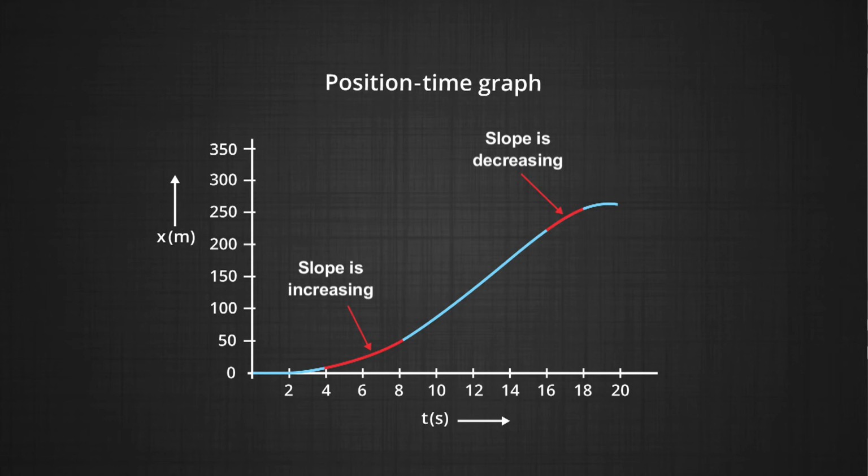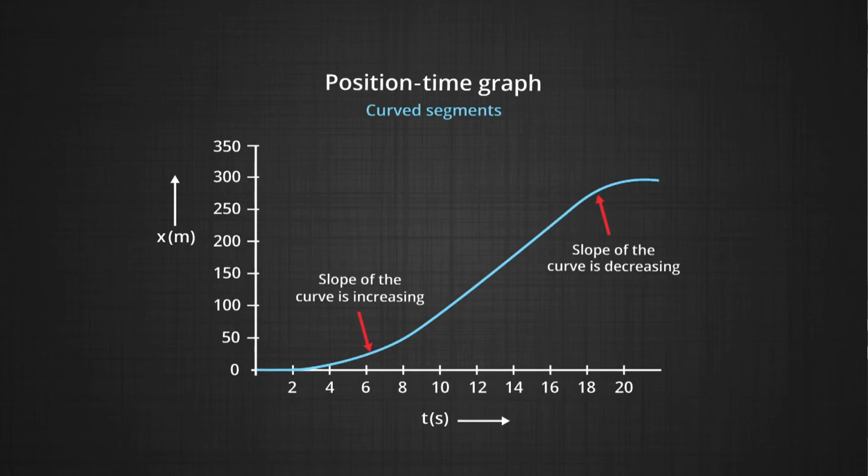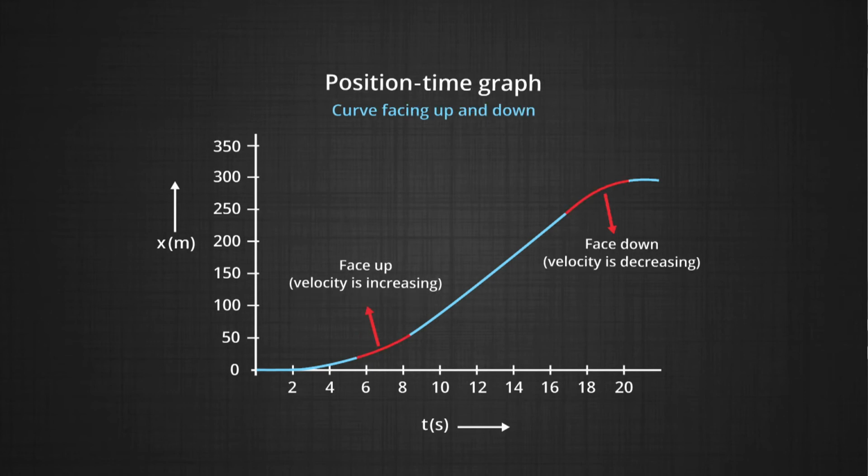Another way of looking at it is that if you consider the slope of the line in the portion from 4 to 8 seconds, the slope of the tangent is going on increasing, and if you consider it from 16 to 18 seconds, you find that the slope of the tangent is going on decreasing. So, that is another way of looking at the position-time graph in terms of the slope at different positions on it. Slope increasing and slope decreasing on the curved line are indicative of the velocity becoming more or becoming less.